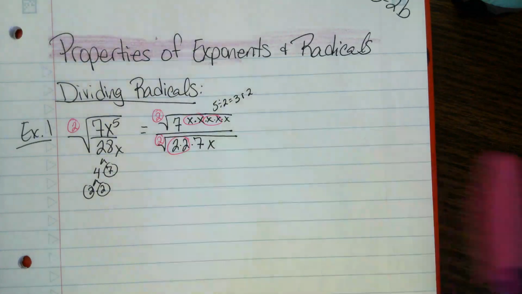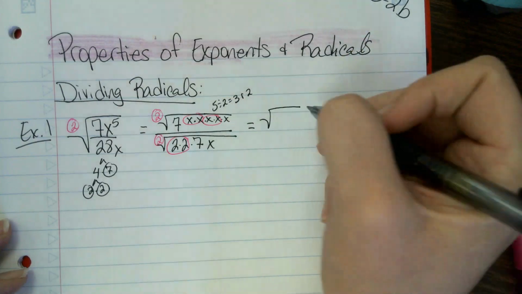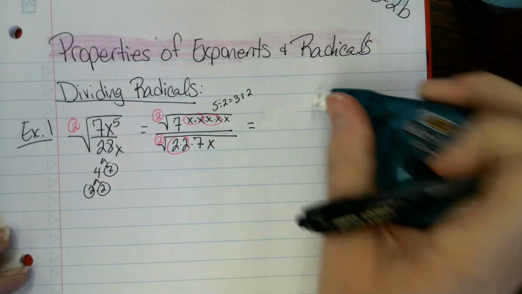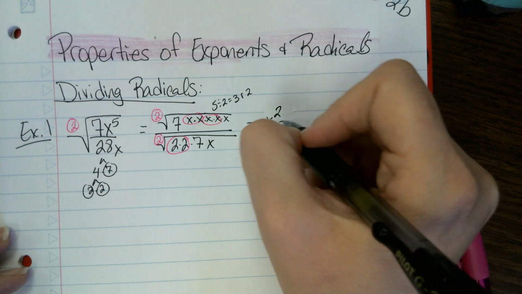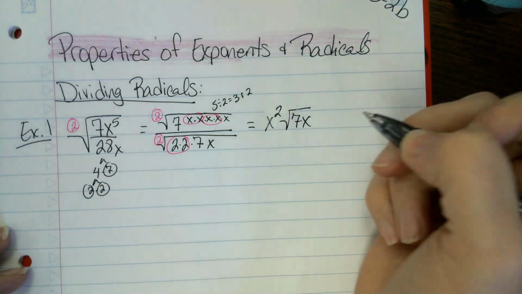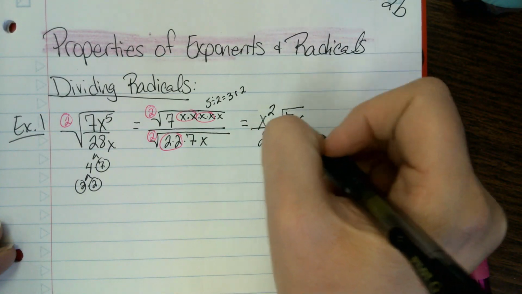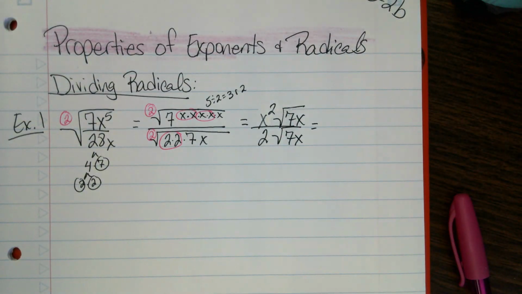We're looking for things that have been repeated twice, and those get to leave the radical. So x squared gets to leave the radical, leaving behind a 7x underneath, over a 2 that gets to leave this radical with a square root of 7x underneath as well.